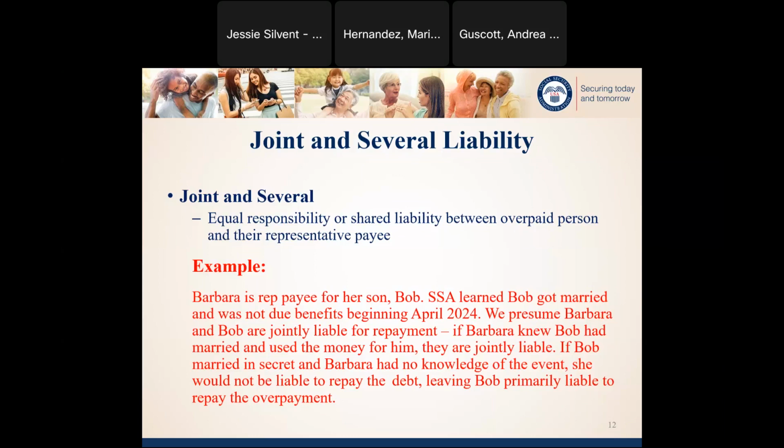But if Bob married in secret and Barbara had no knowledge of the event, she would not be liable to repay the debt, leaving Bob primarily liable to repay the overpayment. And this is a great example as to why determining liability is so important when addressing overpayment recovery. And oftentimes, SSA technicians have to do a little bit of digging in these types of scenarios to determine who will be responsible for repaying or appealing the overpayment. Next slide.